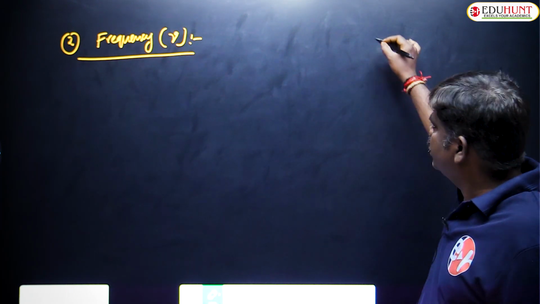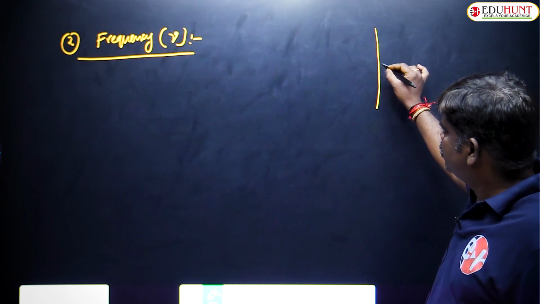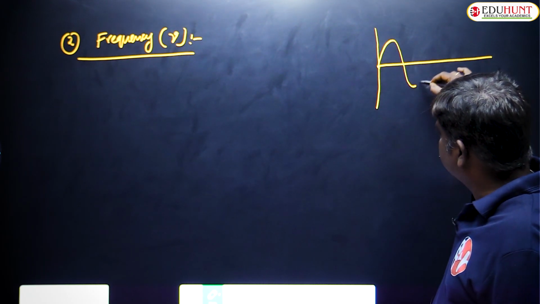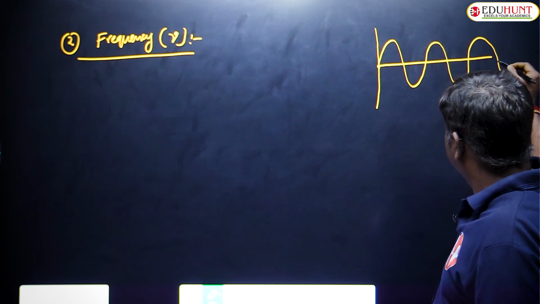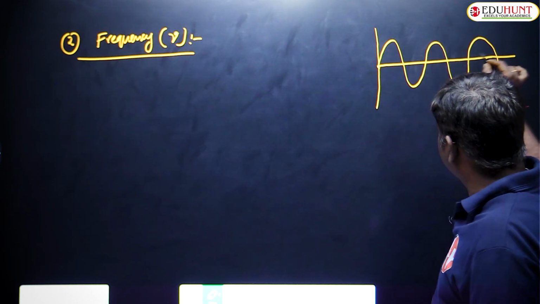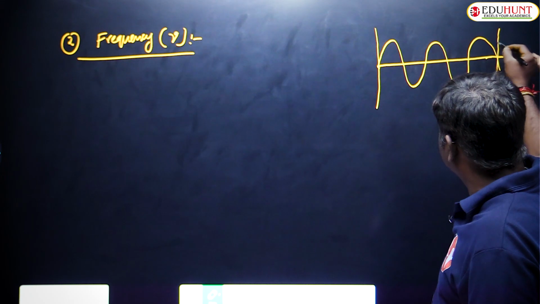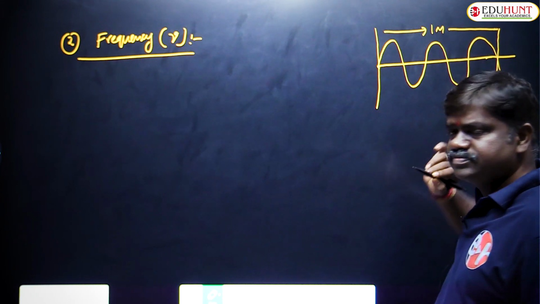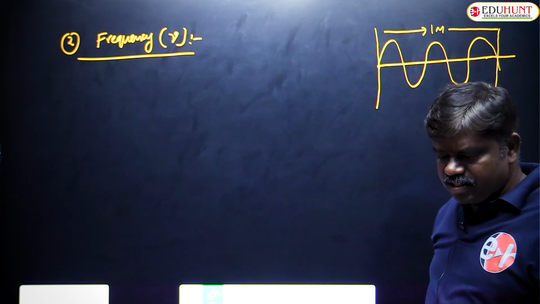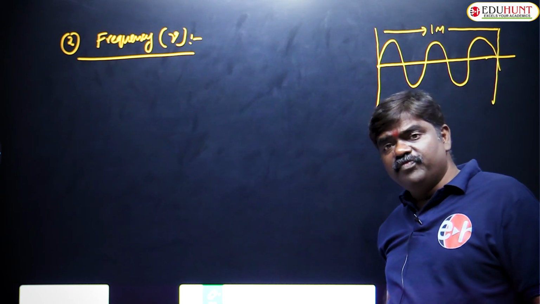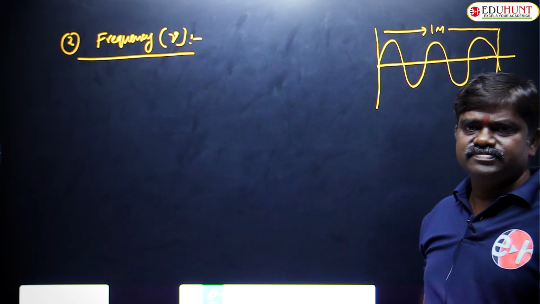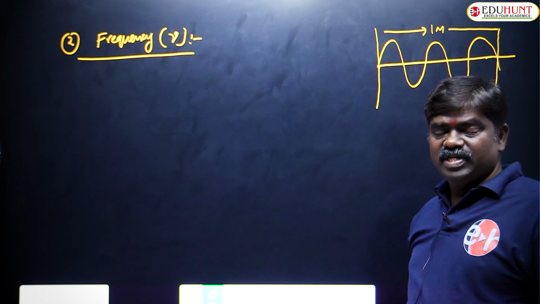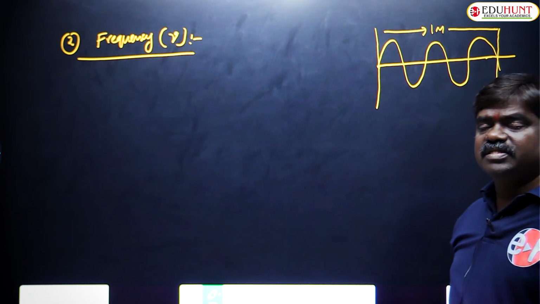For example, take this as the starting point of the wave. The wave moves like this. Now, from here to here, take 1 meter length. See here, the number of waves crossing 1 meter length in 1 second is known as its frequency.